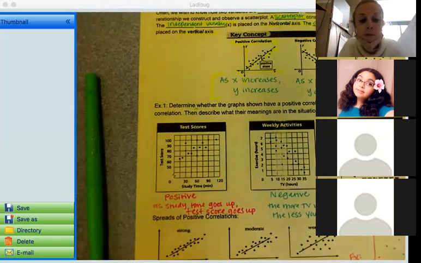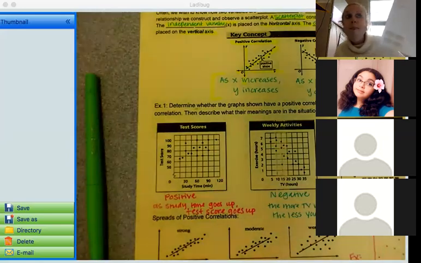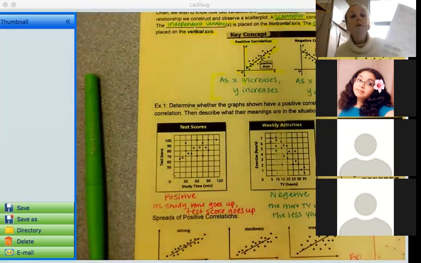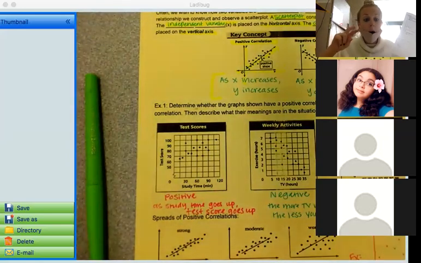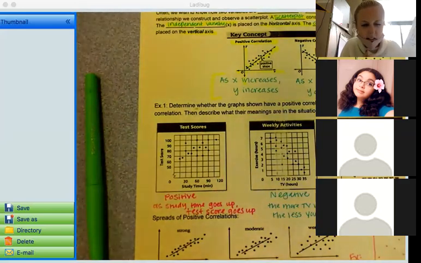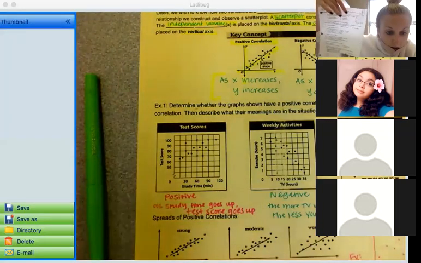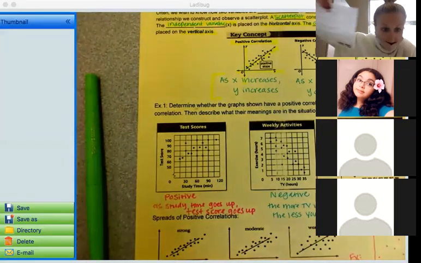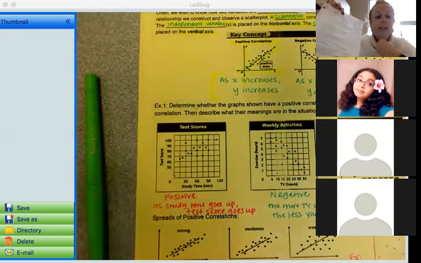And then listen carefully for extra credit on the back. If you also tell me the strength, is it strong, moderate, or weak, and you get those right, I'll give you extra credit points. Does that make sense? Y'all are good? People online, think y'all are good? Yes. Is this homework? No, this is classwork. It should only take 10 minutes.